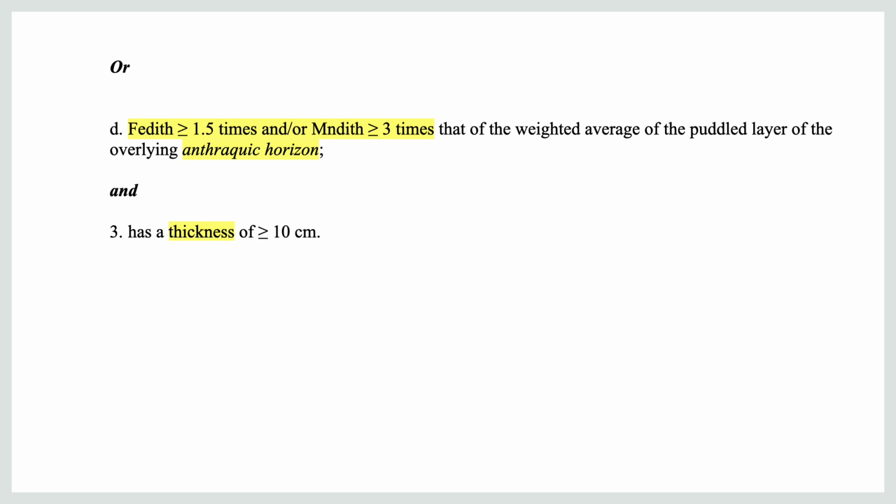So the total content of iron and manganese in the hydragric horizon should be higher than the surface horizon. And of course, the hydragric horizon also should present a minimum thickness. In this case, it is 10 centimeters.